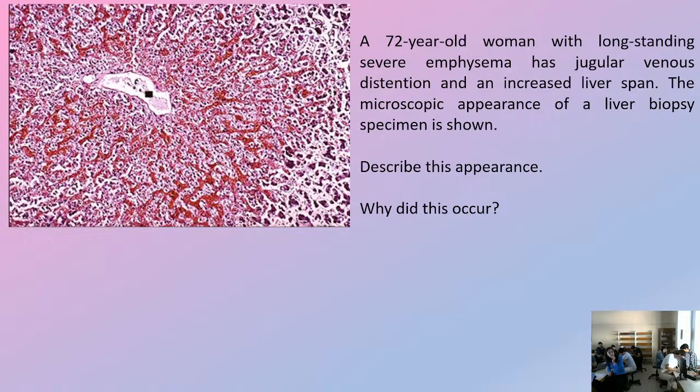This patient had severe emphysema. That means an obstructive lung disease where there is functional obstruction in the lung, and the lung is filled with air. It's like a barrel.